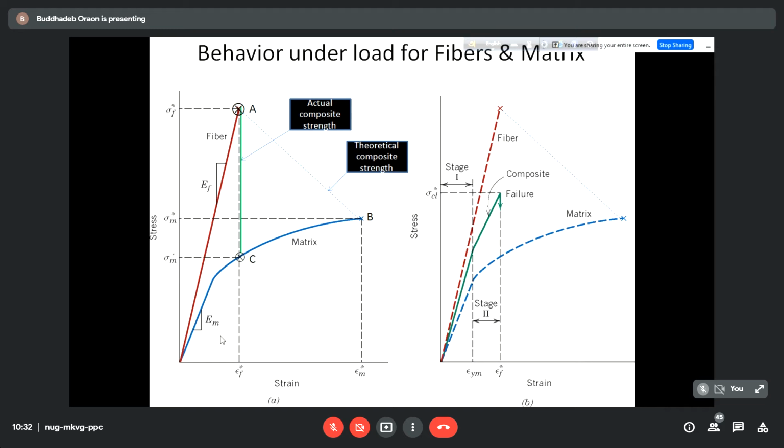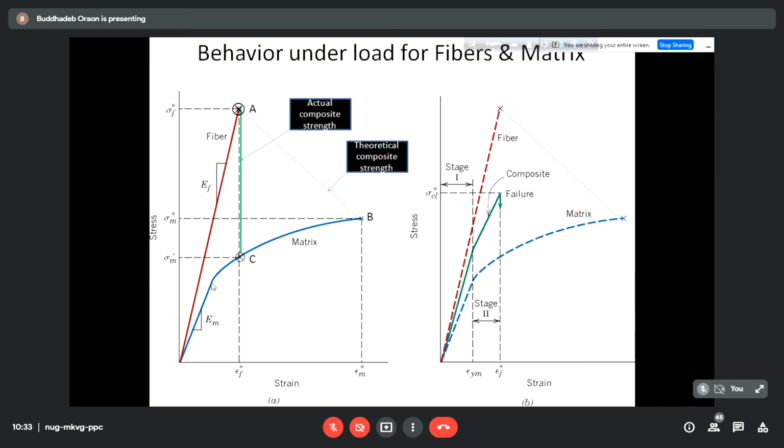Just see the first diagram. It is a stress strain diagram, with strain in the x-axis and stress in the y-axis. This diagram shows the individual stress strain diagram of matrix and fiber, superimposed in the same diagram. As you know, matrix is a soft material.